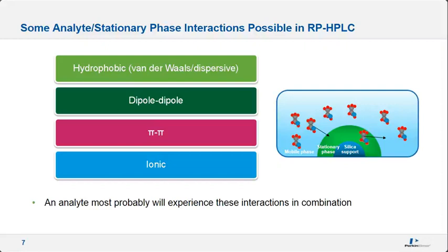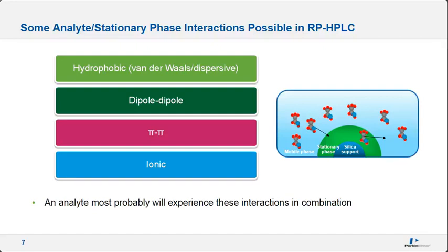What we try to utilize when we are taking advantage of selective stationary phases is different possible interactions in reverse phase chromatography. Generally, C18 and C8 and C4 columns or stationary phases rely on hydrophobic or van der Waals or dispersive interactions.